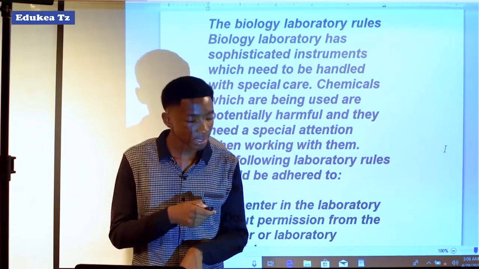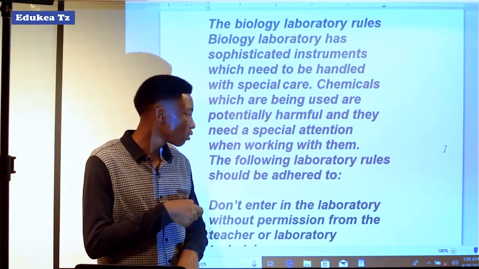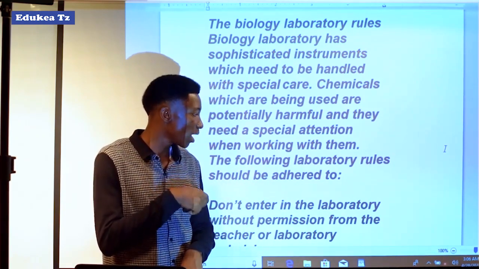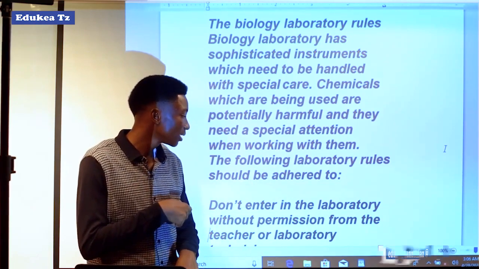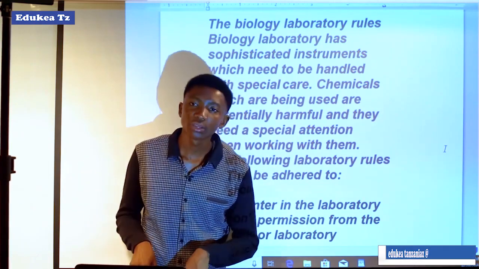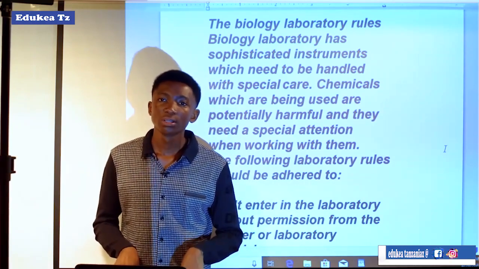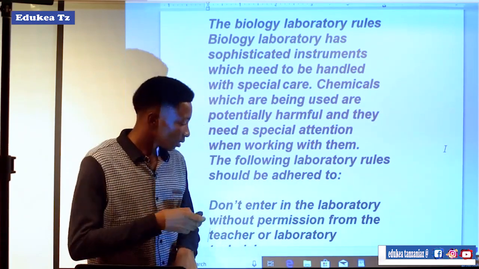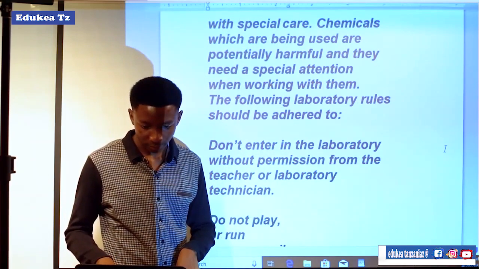There are the following rules of the laboratory when you are in the laboratory, and those are just like following down.